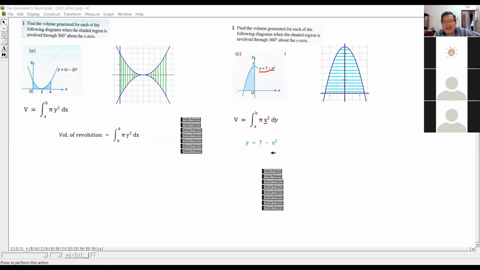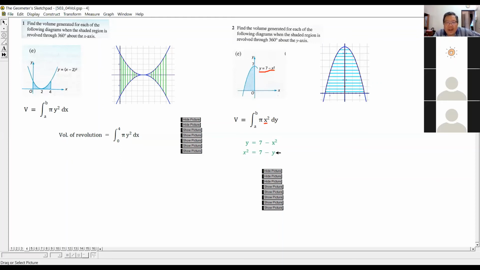So from the first equation, I have to make x squared the subject of the formula. When I move the x square over to the left hand side, and the y to the right hand side, it becomes x square equals to 7 minus y.